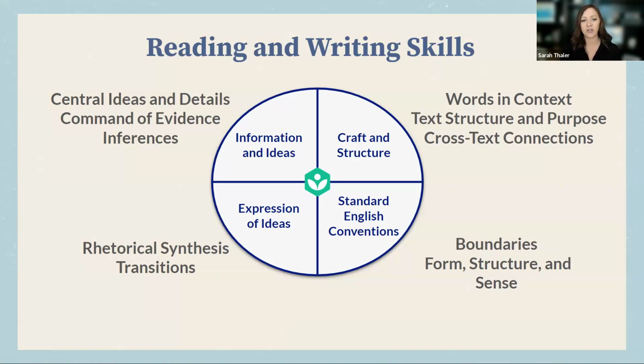Then there's text structure and purpose, and students need to analyze the structure of a text or determine the main idea of a text for that particular skill. Or cross-text connections, where students have to draw a reasonable connection between 2 related texts. Those are the 3 skills in the craft and structure domain.